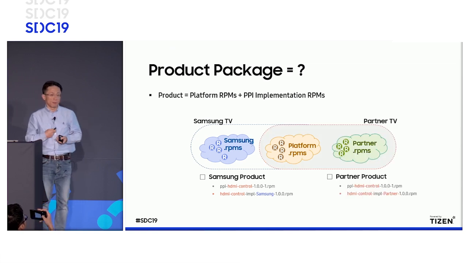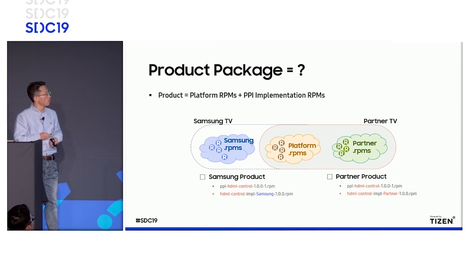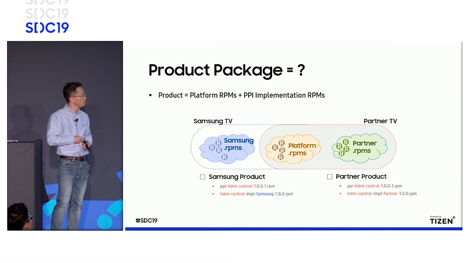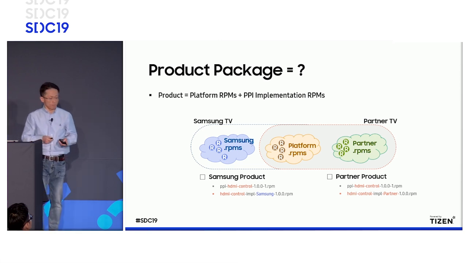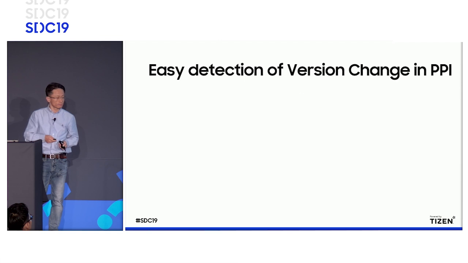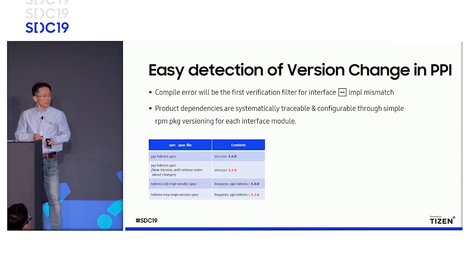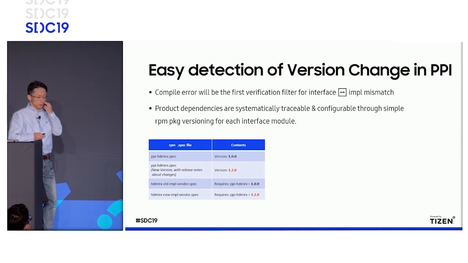Then partners also share this common part, but only need to implement the relevant part to you. And with this combination, the TV can be made, like you see here. So it's much better to give an example.